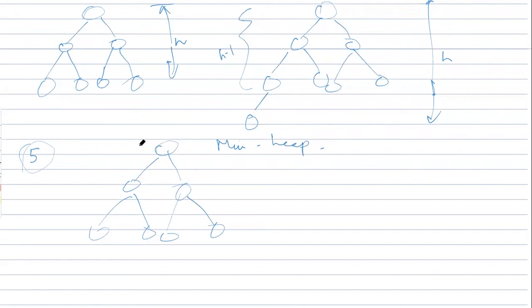We know that this is the minimum in a min heap, right? Max is here. Is it? Max should be here, bottom right. Exactly. But the point is that the tree can look like something like this, so it can be here. So how do we get to that layer?